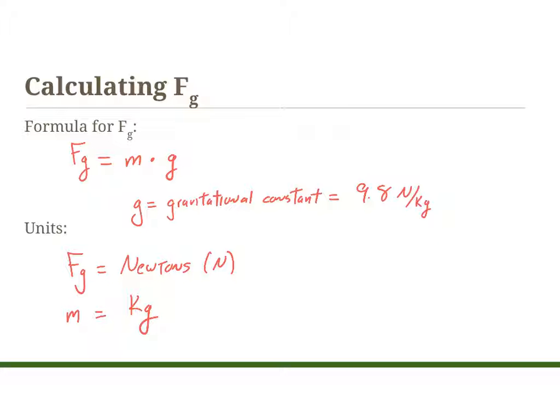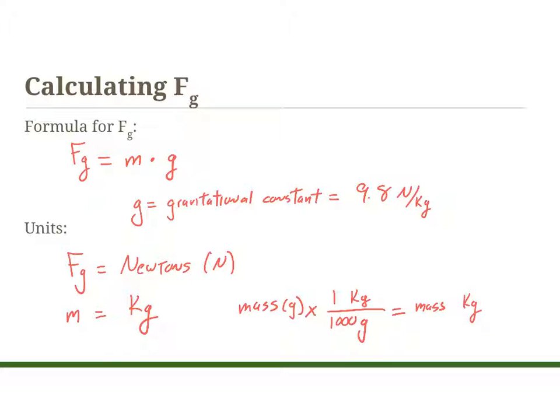Now, if I happen to give you a mass in grams, you should be able to convert it to kilograms, and I'm going to show you how to do that right here. So mass in grams, I would multiply by 1 kilogram over 1,000 grams, which will give me mass in kilograms.